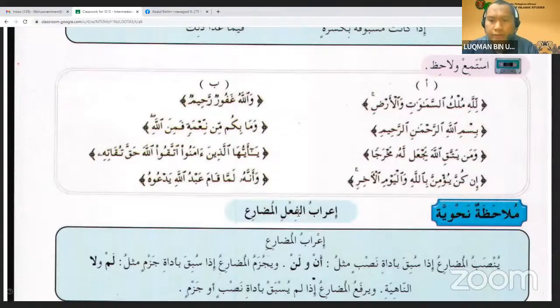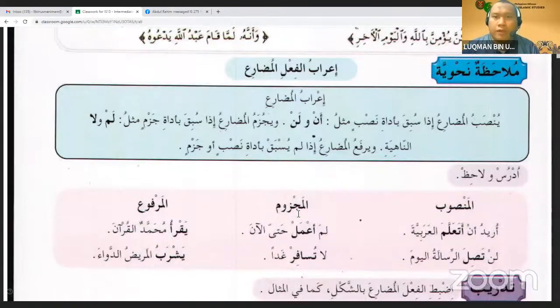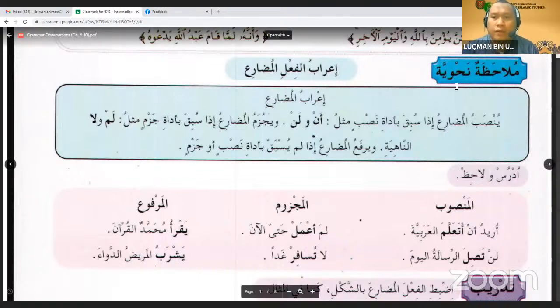Our topic now is ملاحظة نحوية, grammar observation, إعراب الفعل المضارع. Our discussion will be about the imperfect tense of the verb.